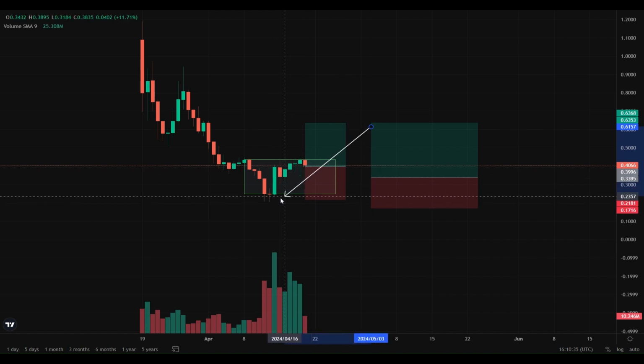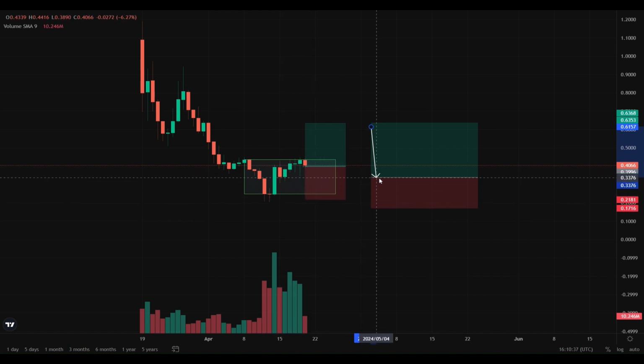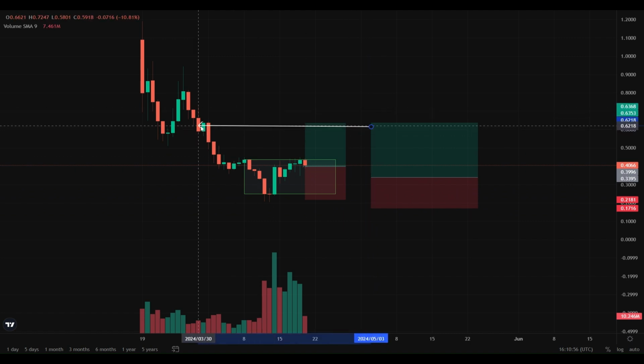And if we do come back down into the zone, I'll be looking to place a second order over here, whilst this one's in play. Because if we do come back down to this level here, I'll be looking to enter, and the stop loss will be here. The take profit will still be the same level up here.